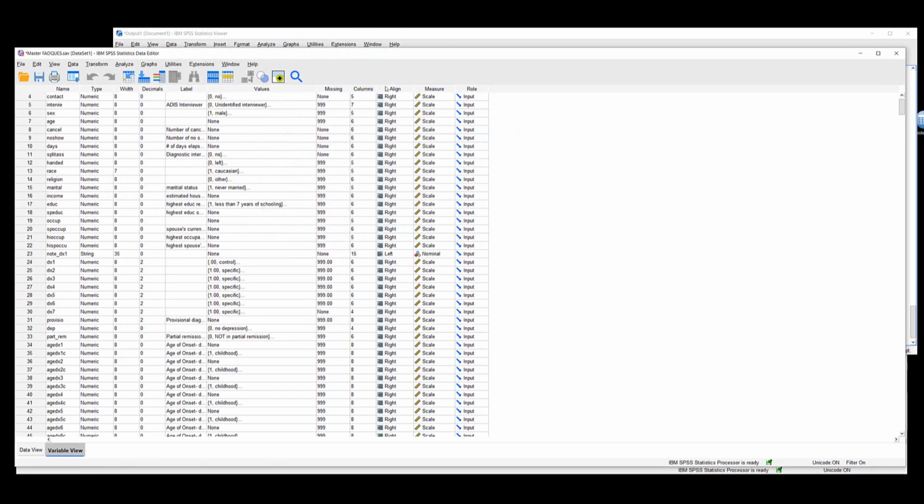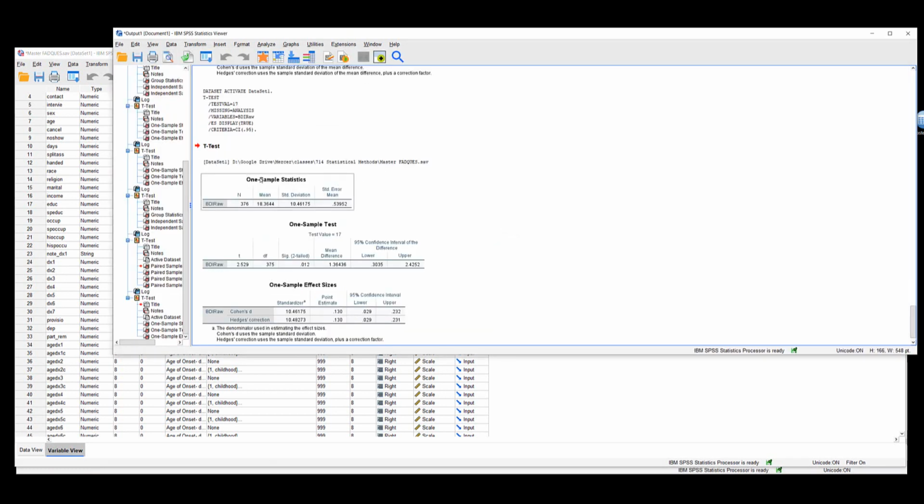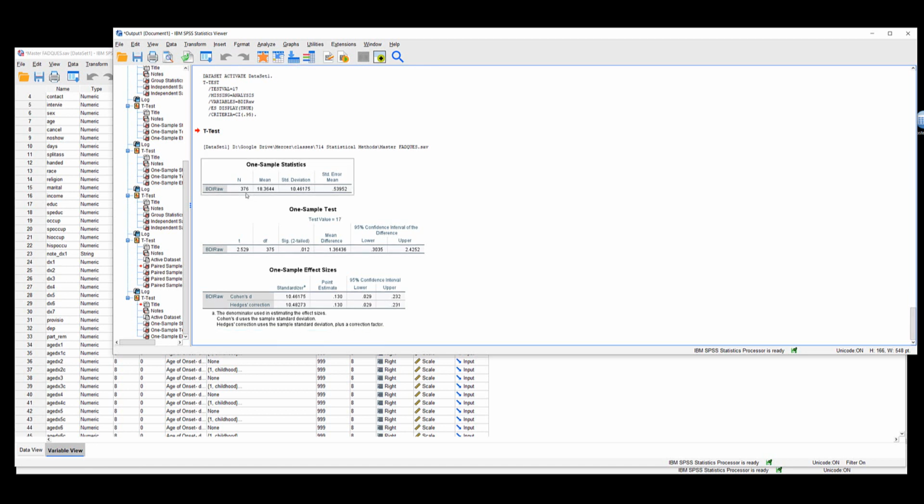So I'll click OK, and we'll get our output here. I've got 376 people. This is the average amount of depression, a score of 18 on the Beck Depression Inventory, and then I've got my standard deviation, standard error of the mean, and then here's my one sample t-test.